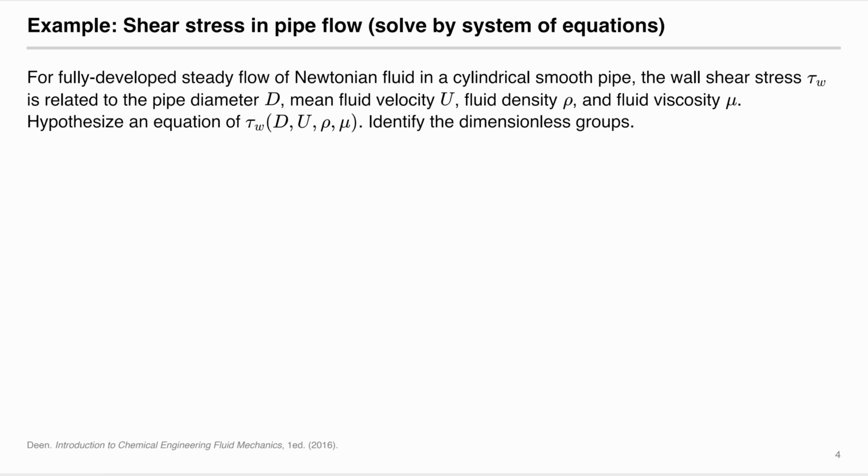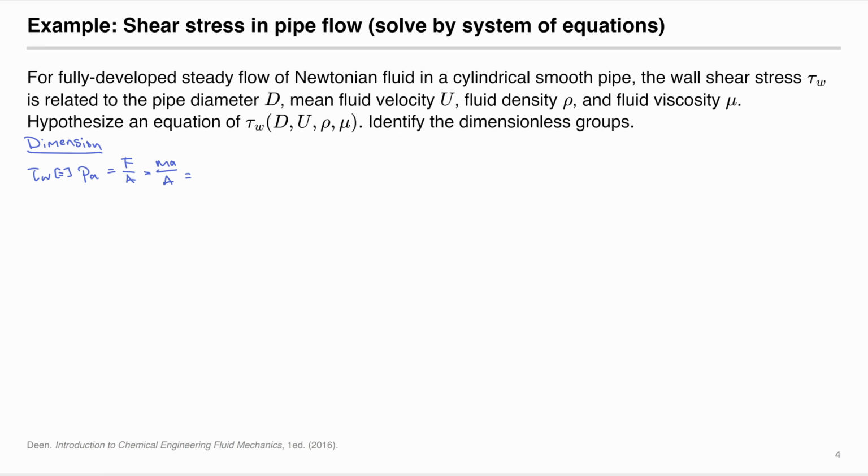Again, we need to first identify the dimensions of all the quantities. So the dimension of shear stress: shear stress has a unit of Pascal, and Pascal is a pressure. The pressure is force per unit area, and force is M times A divided by area.